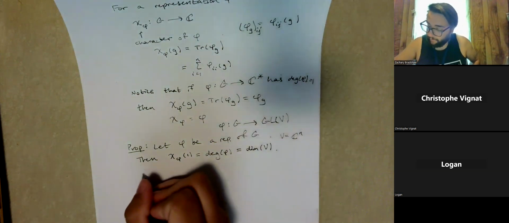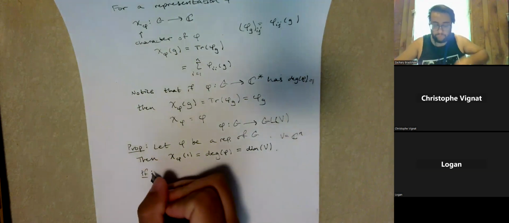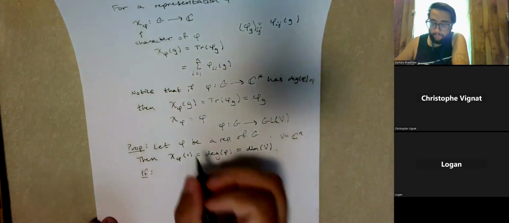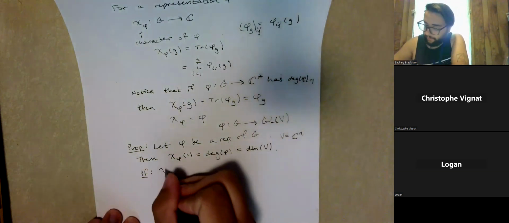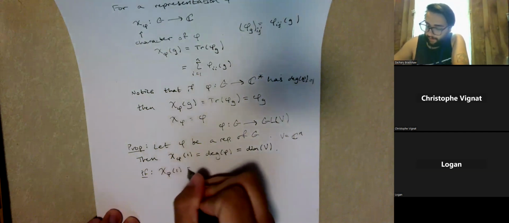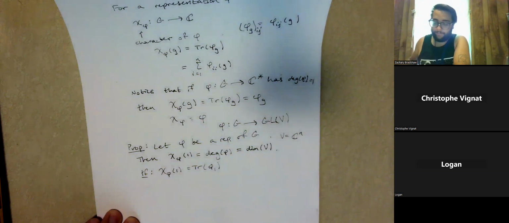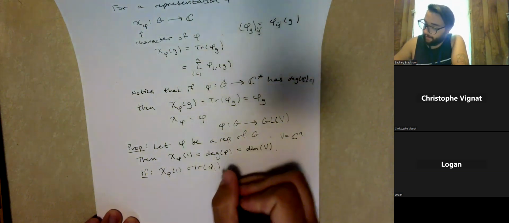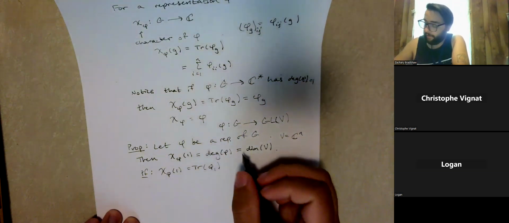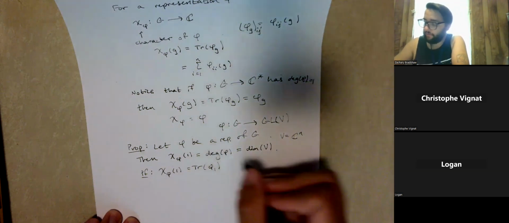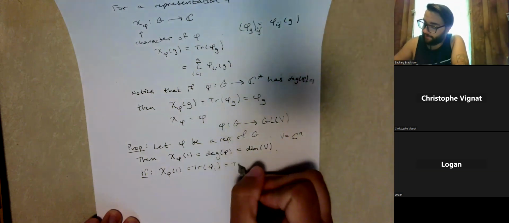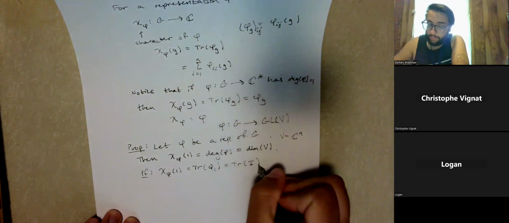Okay, so what's the proof of this? Well, chi phi of 1 is the trace of phi 1 by definition. And since a representation is a homomorphism, it always sends the identity to the identity. So this gets sent to the identity matrix.